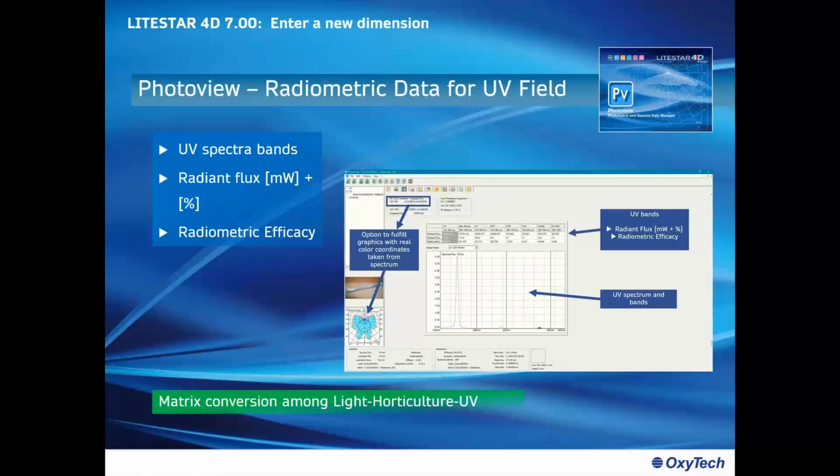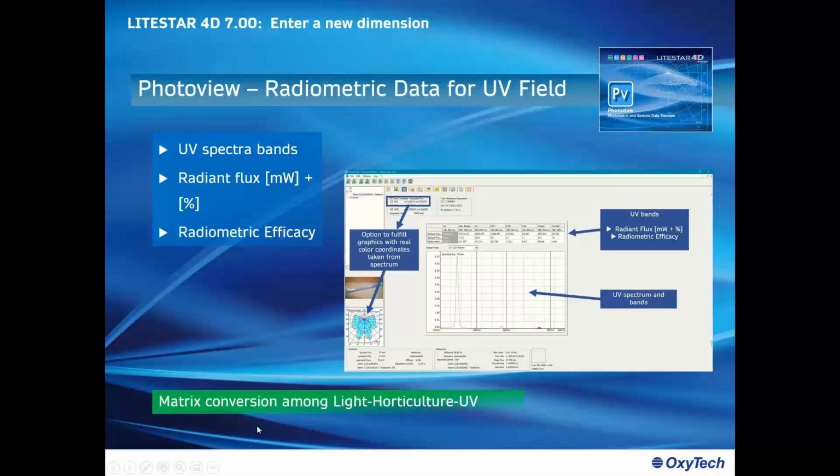So you can select the full spectrum, and the program will automatically show you which is the part of the UVA, UVB, and UVC. And at the end, having power, because we supply power to this UV luminaire, UV fitting, we can also calculate the so-called radiometric efficacy, which is the ratio between the radiant flux and the power supplied to the luminaire.